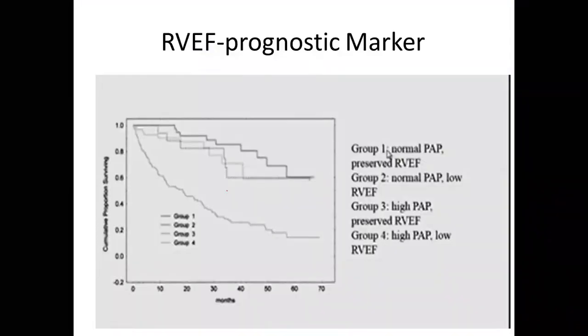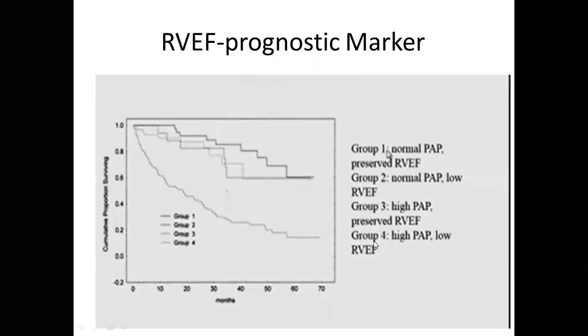And this is just to show you that RV ejection fraction is one of the prognostic markers in patients with LV with reduced ejection fraction. As in the top panel, you can see with normal pulmonary arterial pressure and preserved RV function, the prognosis is good. But with normal PAP and low RVF, or high PAP with preserved RVF, the outcome is in between.